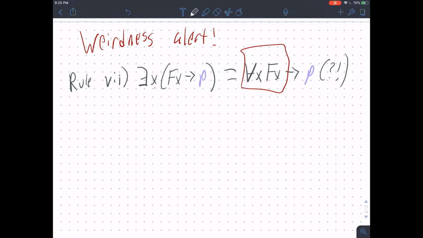All of the other ones are pretty much exactly what you might expect, but the two rules that deal with moving the quantifier to the antecedent of a conditional will cause the quantifier to change types. So if it's existential, it turns universal, and if it's universal, it turns existential. So here's an example.